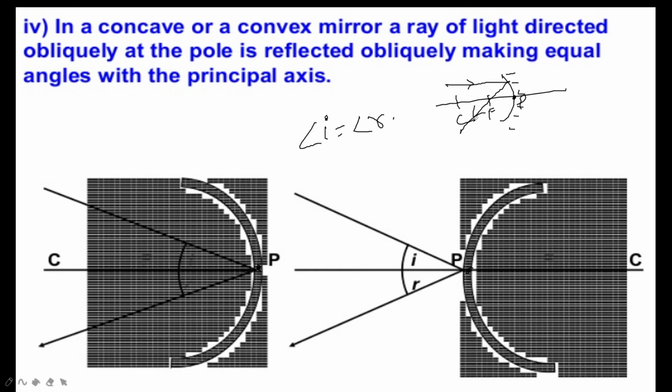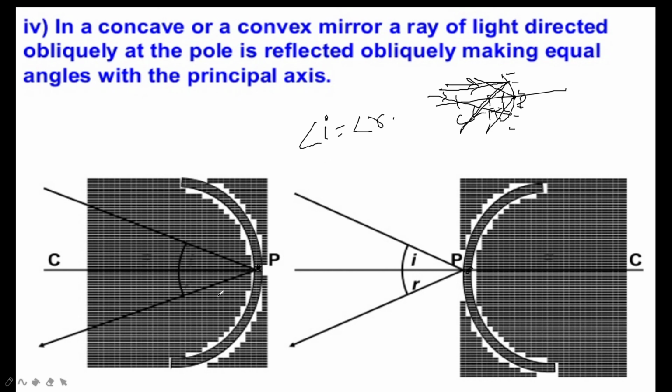Second rule is the opposite of this, passing through focus becomes parallel to the principal axis. Two rules done. Third rule is passing through center of curvature, it will retrace its path. Third rule done. Fourth rule is if the incident light ray touches the pole at any angle, it will reflect with the same angle, where angle I is equal to angle R. Okay, so these are the four rules.